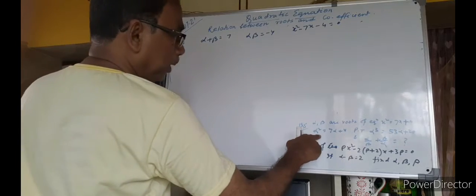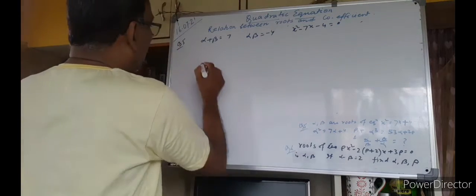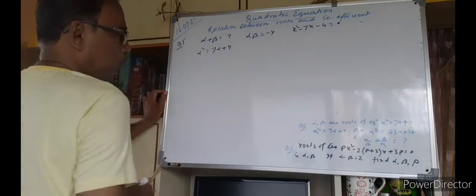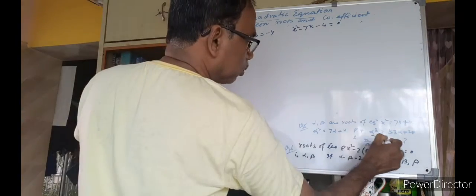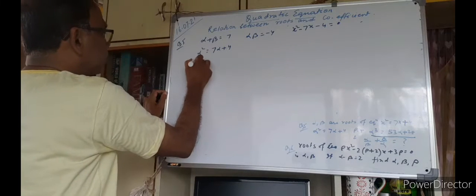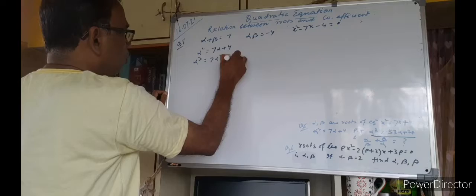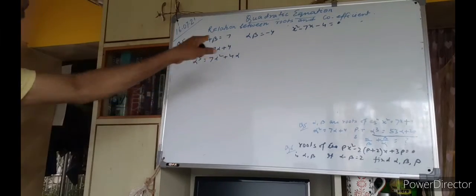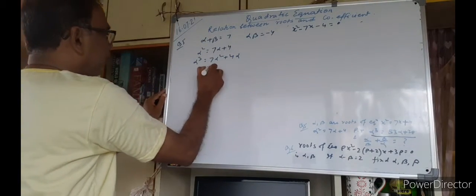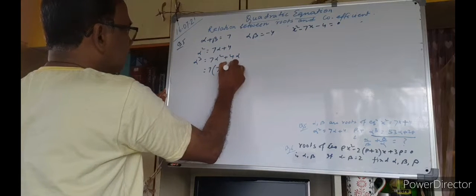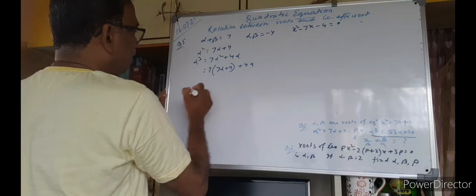It is given alpha square equals 7 alpha plus 4. We have to prove this equals this. So multiplying alpha on both sides, alpha cube equals 7 alpha square plus 4 alpha.